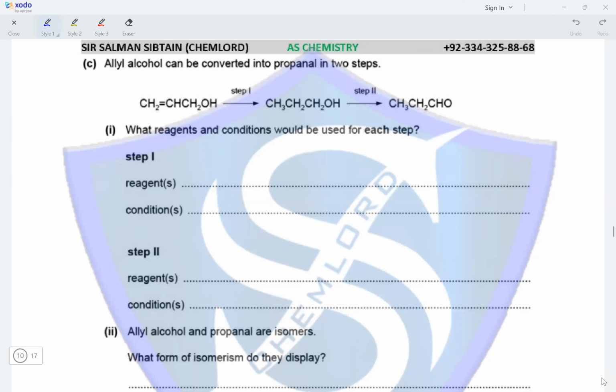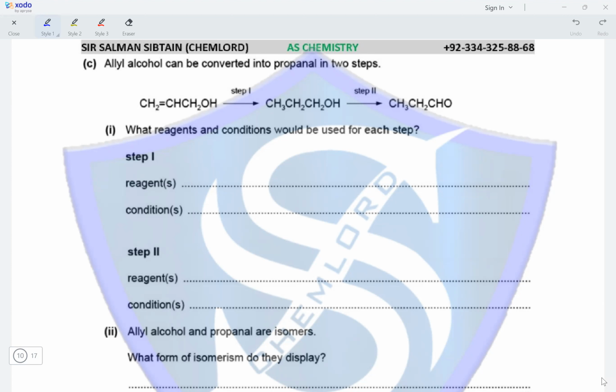Allyl alcohol can be converted into propanal in two steps. In step one, we have the double bond being removed and single bonds being formed, and then we have oxidation of the primary alcohol into an aldehyde. So what reagents and conditions would be used for each step?